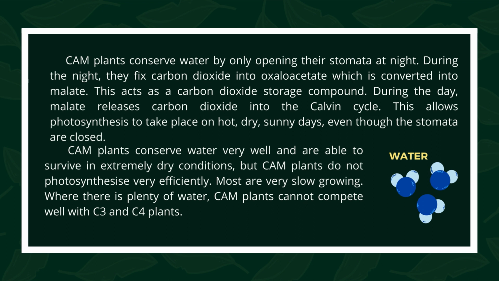This acts as a carbon dioxide storage compound. During the day, malate releases carbon dioxide into the Calvin cycle. This allows photosynthesis to take place on hot, dry, sunny days, even though the stomata are closed.